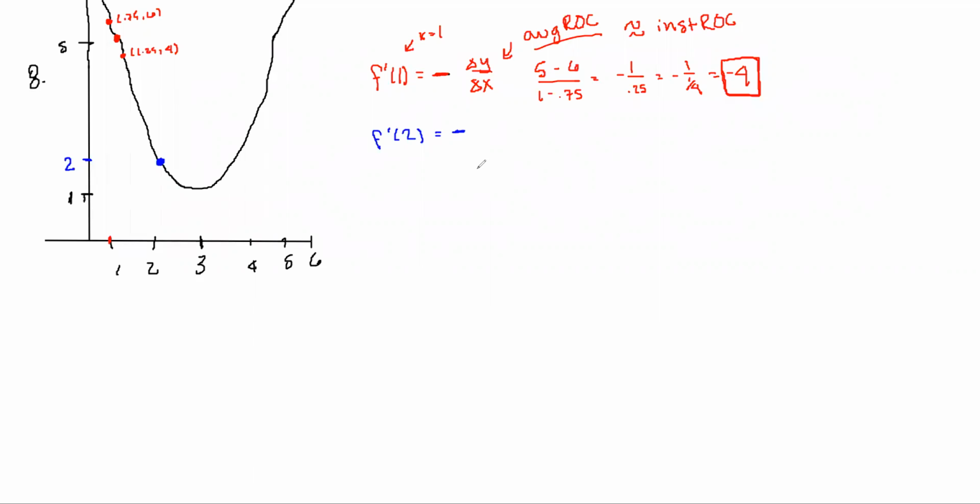What point would you pick? 2.25. Wait, hold on. Yeah, 2.25. And then what is the y value there? Um, 1.5, kind of, maybe.